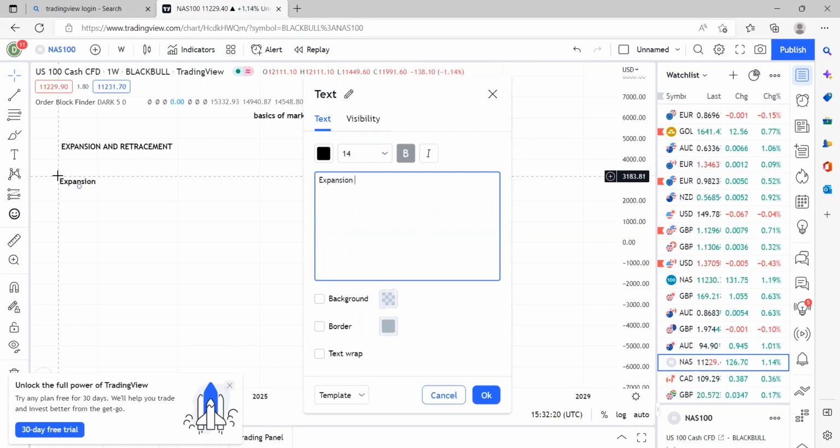Expansion occurs when there is an impulsive move towards the direction.